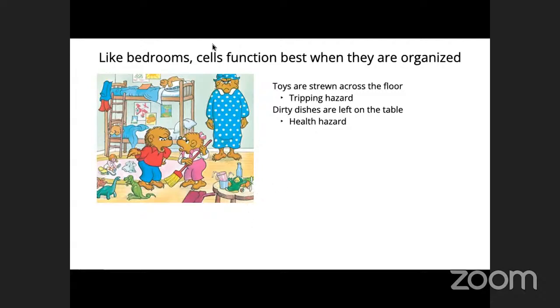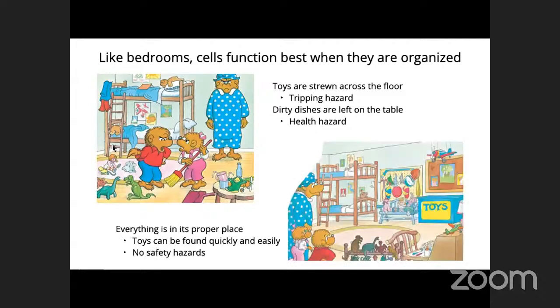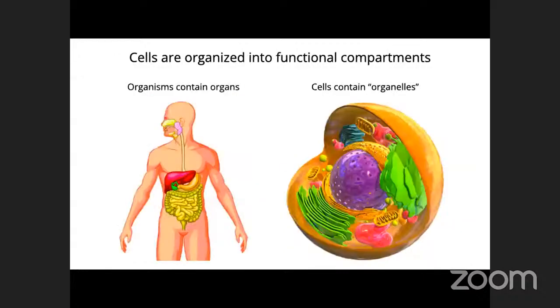And so Mama Bear is very upset and wants the children to organize their room. When everything is in its proper place, toys can be found quickly and easily. There are no safety hazards. Everything is in its right place. And the cell has to do the same thing. Cells are organized into functional compartments, just like the dresser and the toy chest.